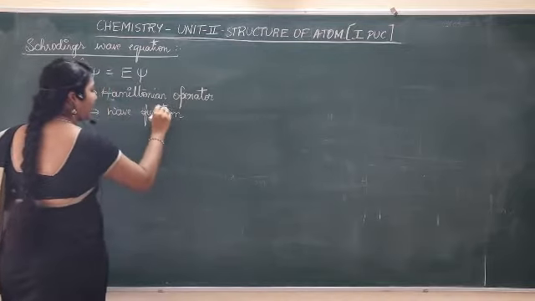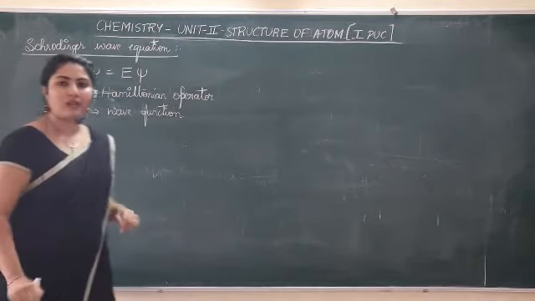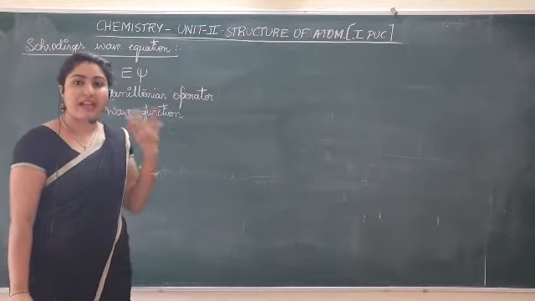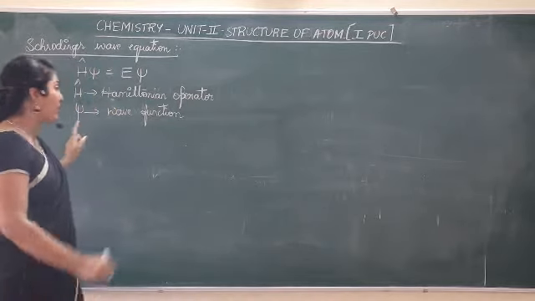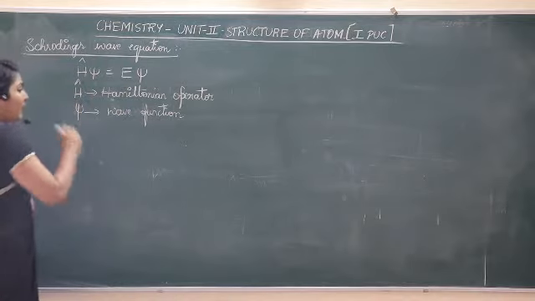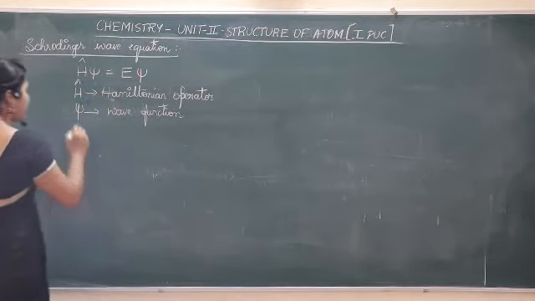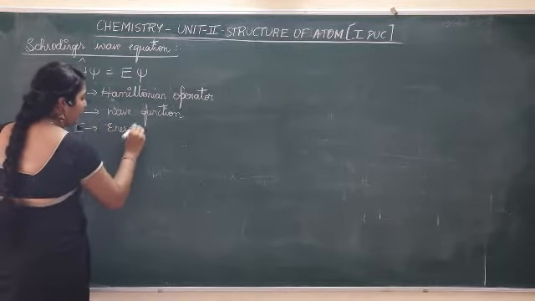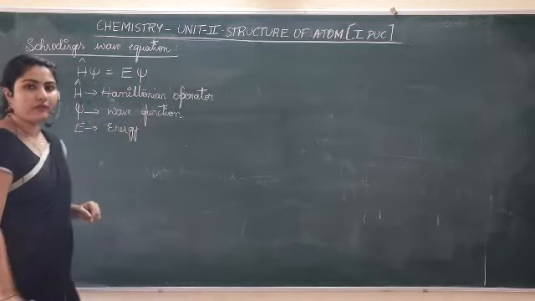The wave function gives information about the atomic orbitals, where the atoms can be present. That information you get from psi, which is called the wave function. E is the energy of the orbital.